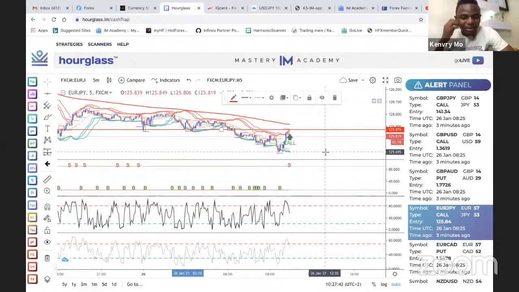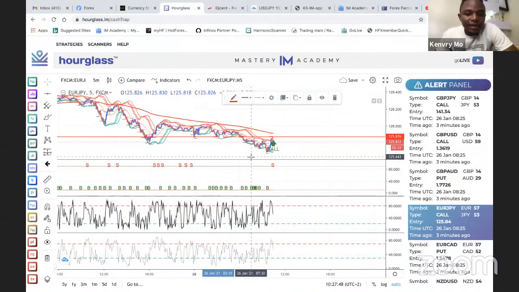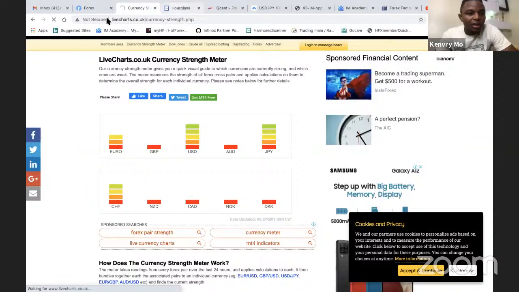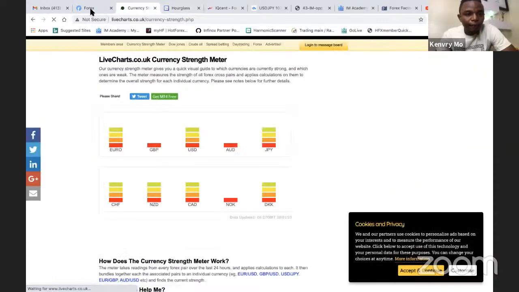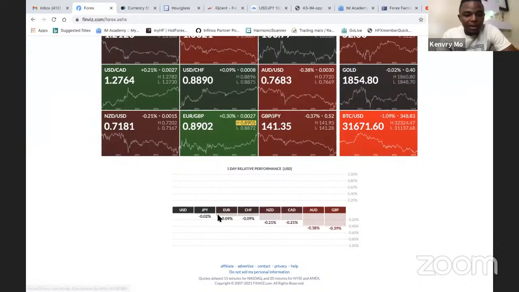870. I'm supposed to be buying now. I think it's making its way up, but guess what? This market is still a sell trend. So it might just be temporary, what Euro is doing. JPY will still be stronger. JPY is still stronger in volume. The market is still a sell trend.